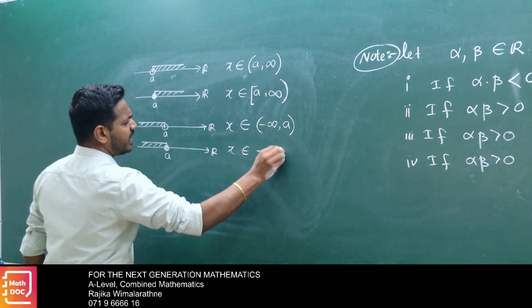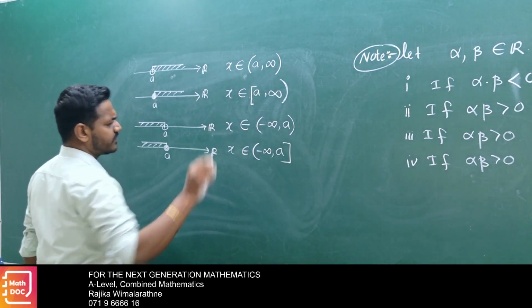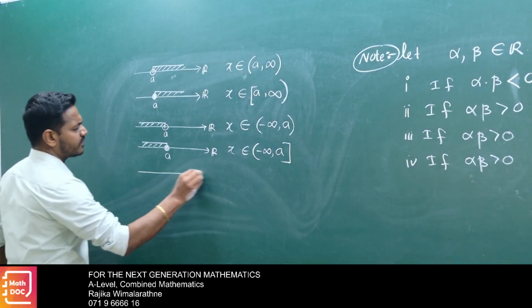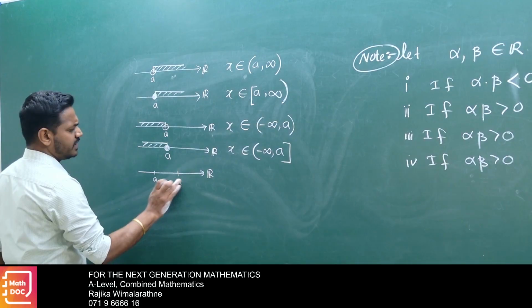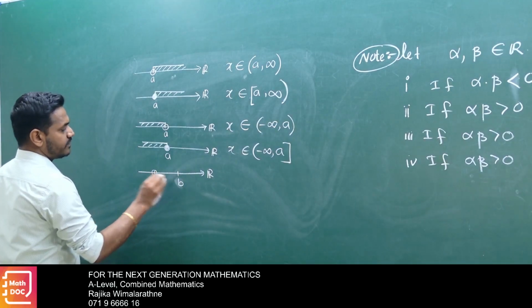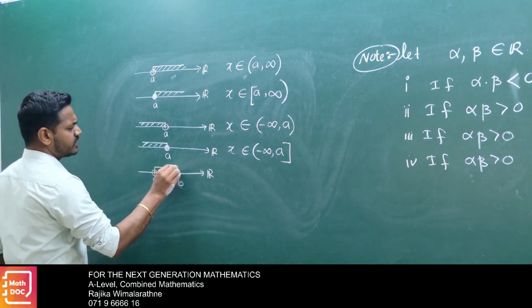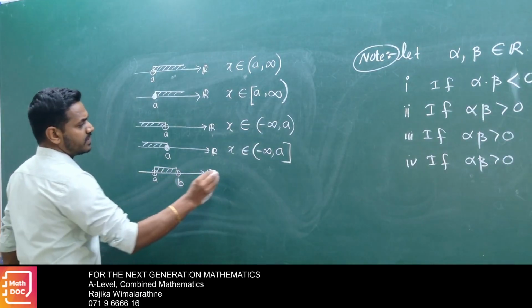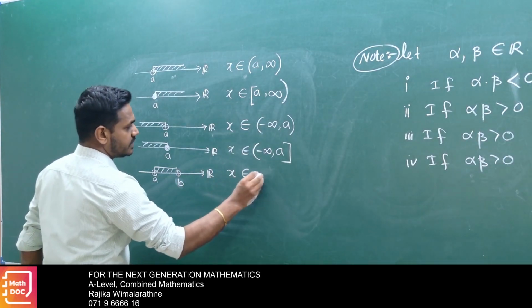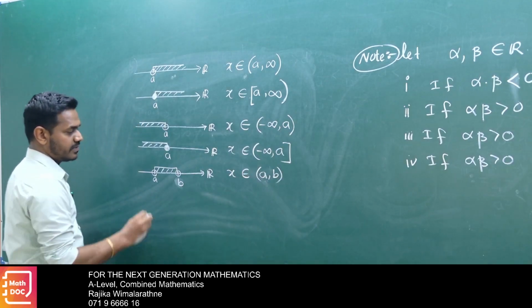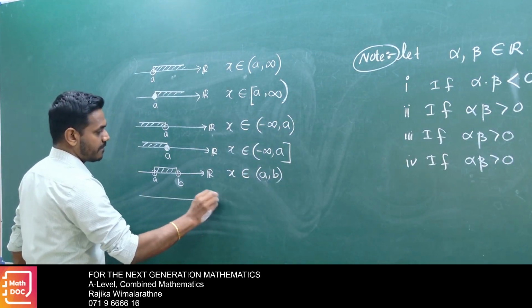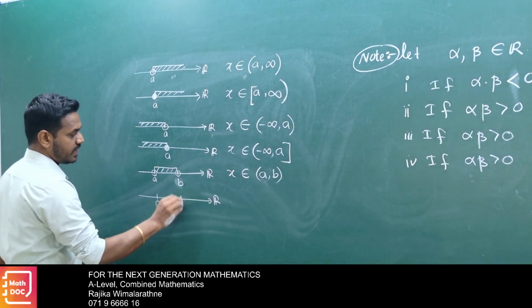Minus infinity to A, this is closed. Here A, B, both open. Then you can represent A, B, lower boundary A, upper boundary B.